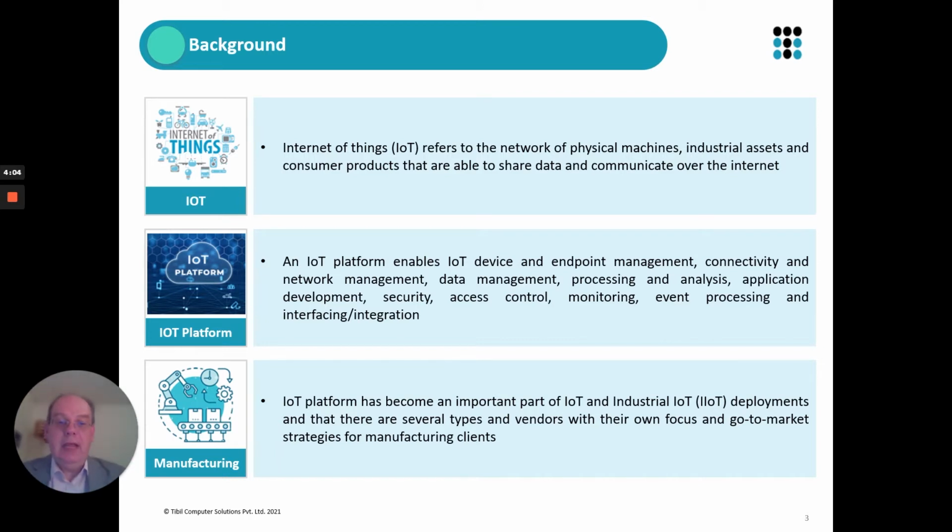Obviously, in order to make use of this kind of data, you need the right data infrastructure ready. And one part of your data infrastructure is your IoT platform. The platform basically collects all the data from your IoT devices, but in an ideal way also connects it to other data sources.